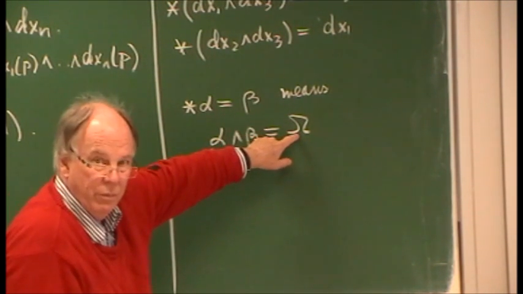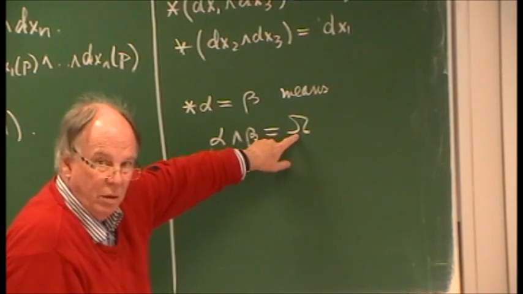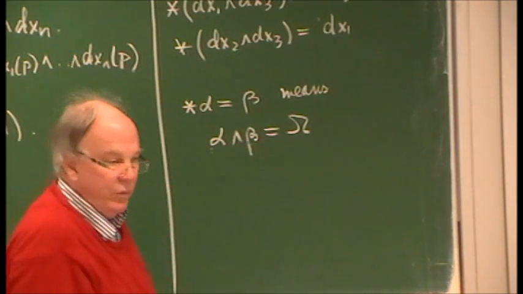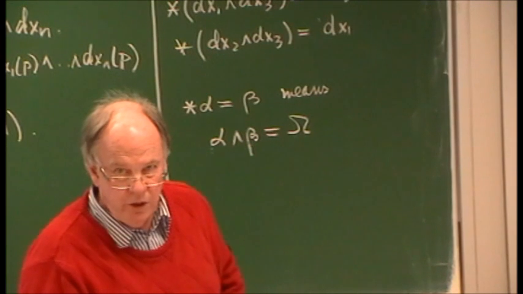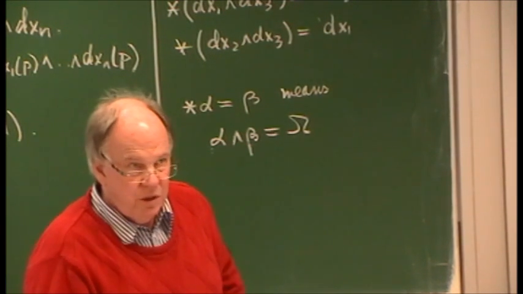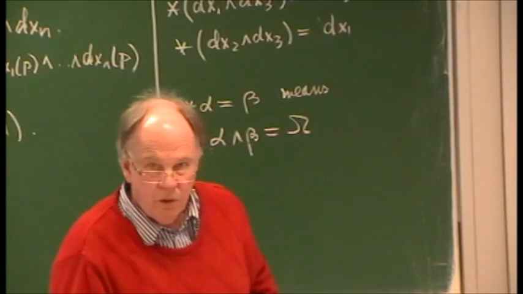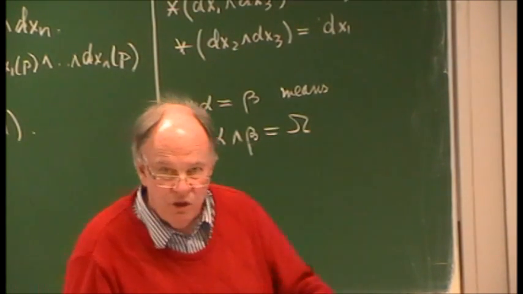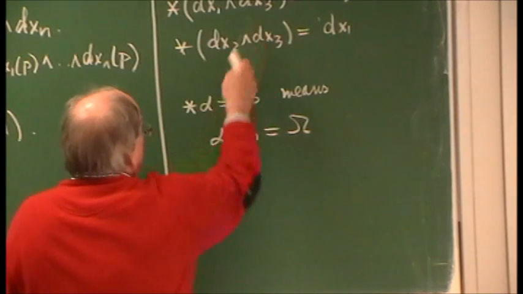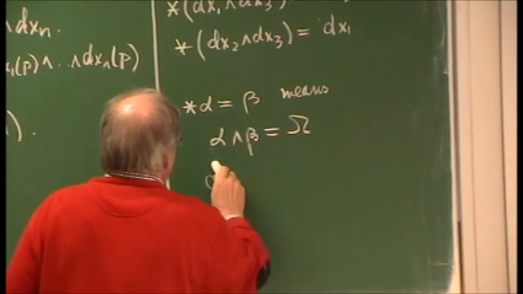Is this the definition of the wedge? No, we have defined wedge. Wedge is just the wedge in the exterior algebra. It comes from the alternating tensor. But the key issue here is, let's look at this one. What did I say?